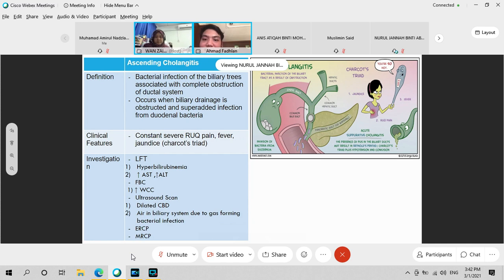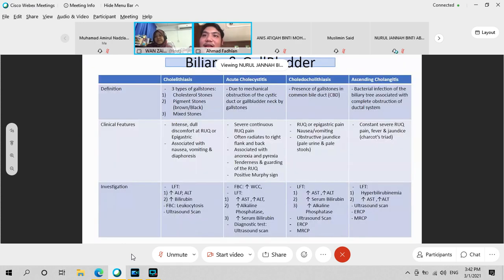On ultrasound scan, there will be dilated common bile duct and air in the biliary system, due to gas-forming bacterial infection. And if we cannot find the stone, we need to do ERCP and MRCP. Okay, Charcot's triad.